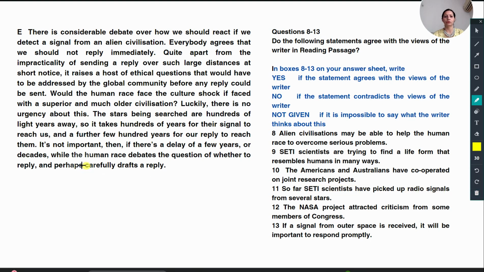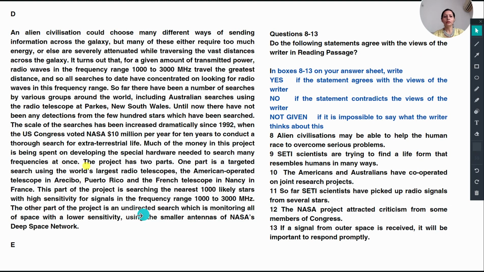Okay, I will just show it to you, just a minute. Yeah, I understood. Here they are talking, so far, word is also given. Thus, so far we are looking now. So this part of the project is searching the nearest 1000 likely stars with high sensitivity for signals in the frequency.